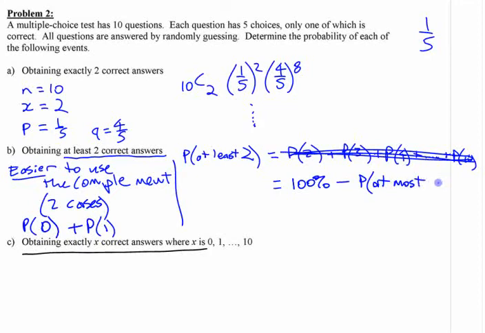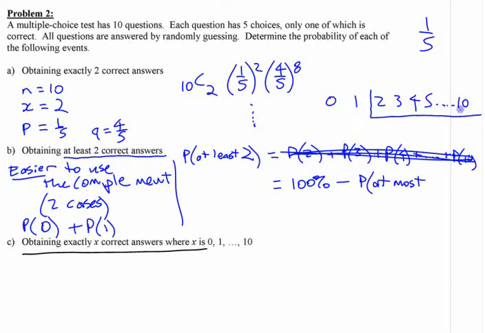Not 8. 9. What do you? You can get 0 or 1 or 2 or 3 or 4 or 5, all the way up to 10. At least 2 is all of these. At least 2 is all of those. It goes with at most 1. At most 1, right?